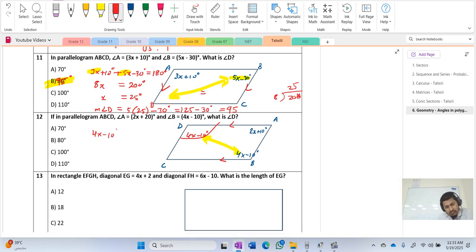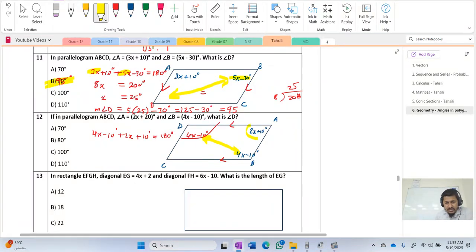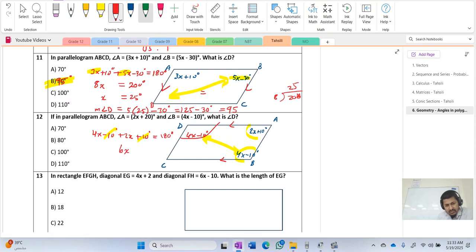If x is 30, then angle D will be 4 times 30 minus 10. That's 120 minus 10, that's going to be 110. Yeah, it looks like I just copied the multiple choice from here to there. I didn't change it. Alright, so angle D is 110, not 100. That's correct. That's 110.